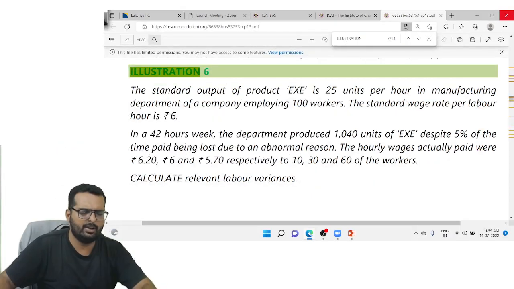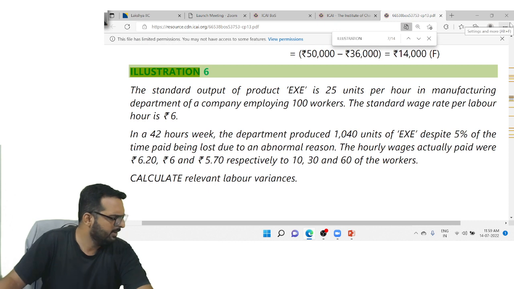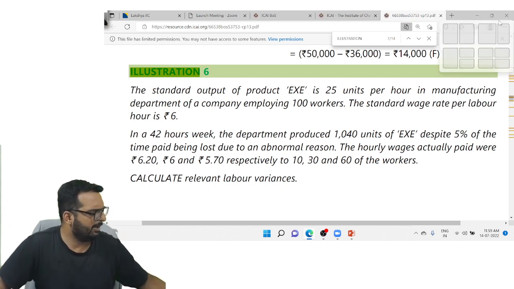Fine, Devika, we'll just check it while we work it out. We'll check. All right. Ideally, it should not come like that.